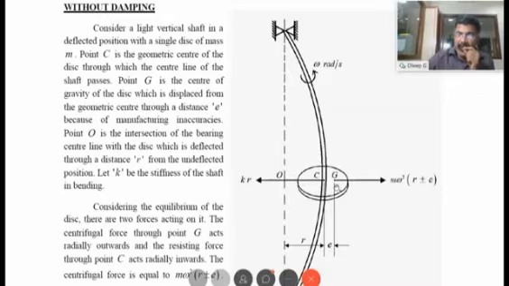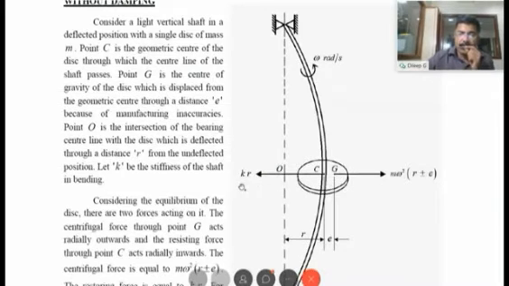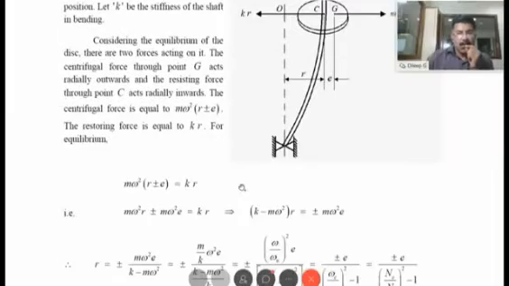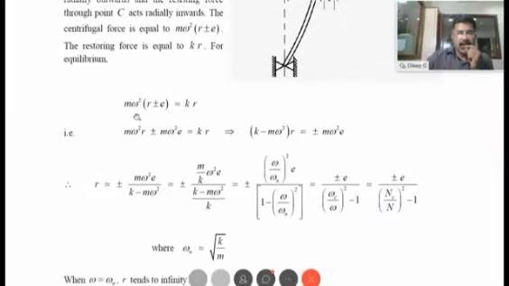So m omega square R plus or minus E, that is the centrifugal force or the dynamic load, must be equal and opposite to K into R. Now, m omega square R plus or minus E at a particular speed for equilibrium, that is centrifugal force, must be equal to the restoring force Kr. Now, we are going to expand it. M omega square R plus or minus m omega square E.